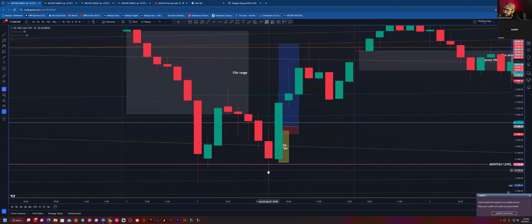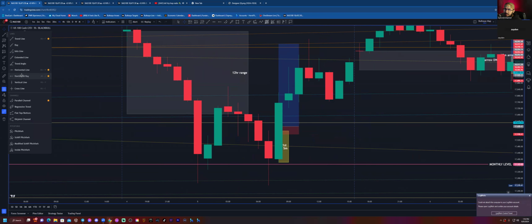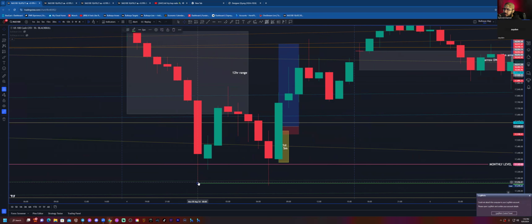I can see that there's liquidity here that was made at midnight. So I'll just look for a significant low, and in this case it's right here. All right, so now we're set up, we're ready.